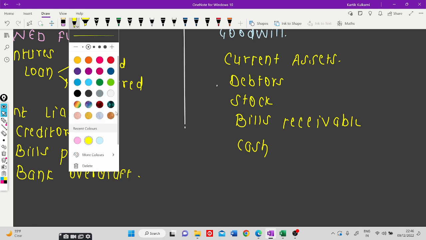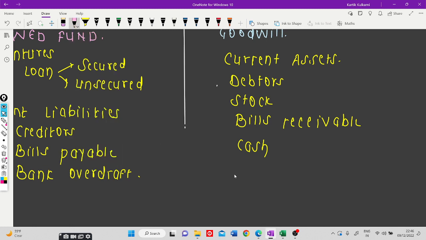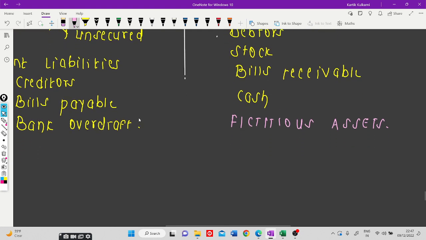Also, assets can be divided into a third type, that is fictitious assets. Examples of fictitious assets are preliminary expenses or some deferred revenue expenses, like huge expenses on advertisement which will be written off after more than 1 year.